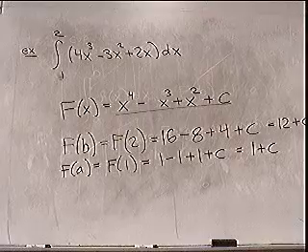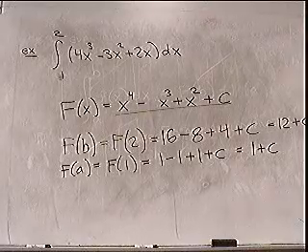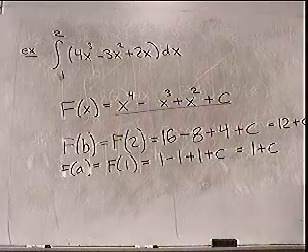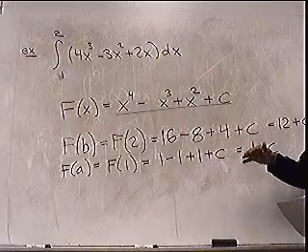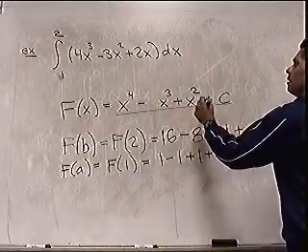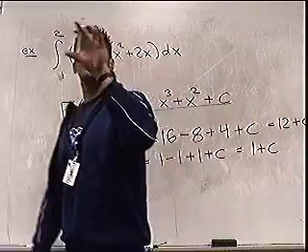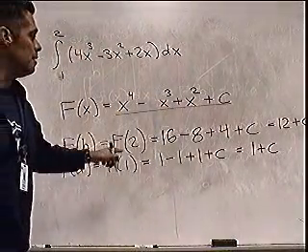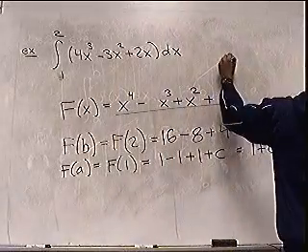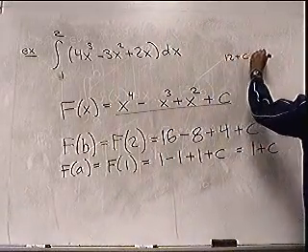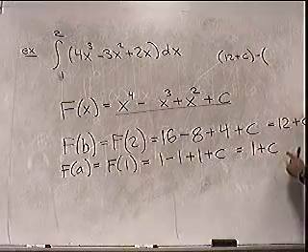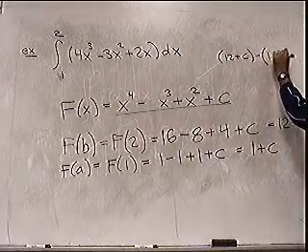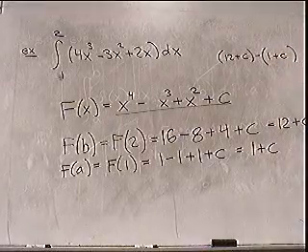Then what am I supposed to do? Subtract, right? Remember the formula was capital F of b minus capital F of a. So if I take capital F of b, which is 12 plus c, and I subtract from it 1 plus c, what's going to happen to the c's?